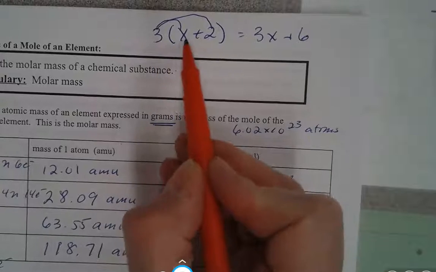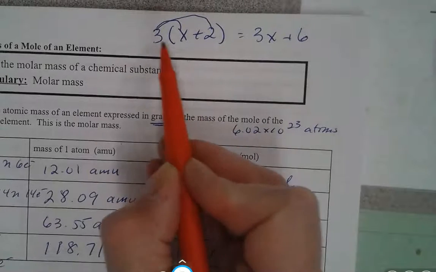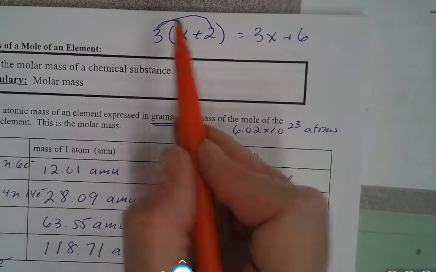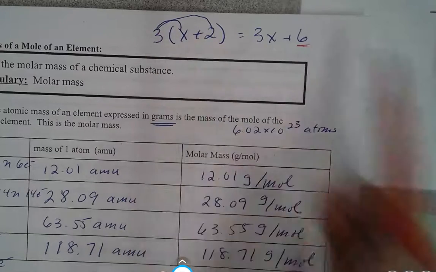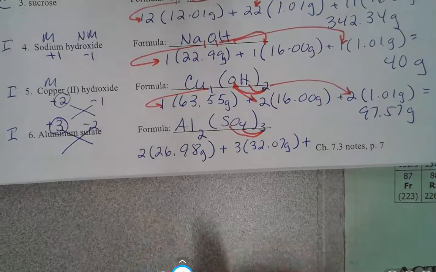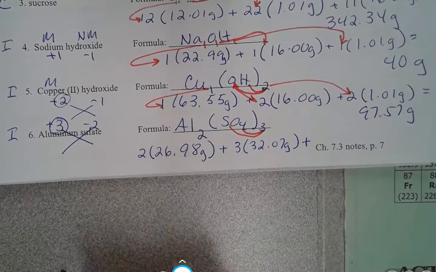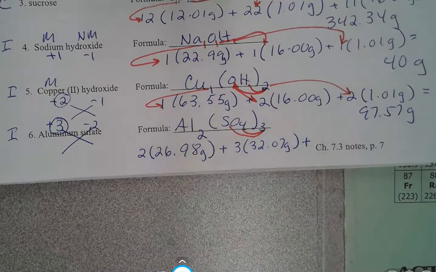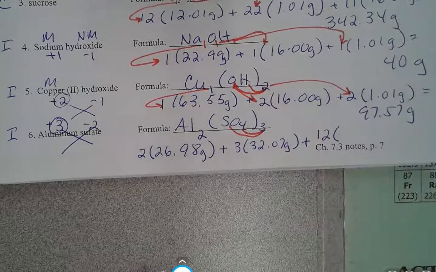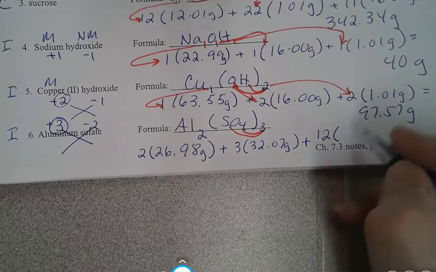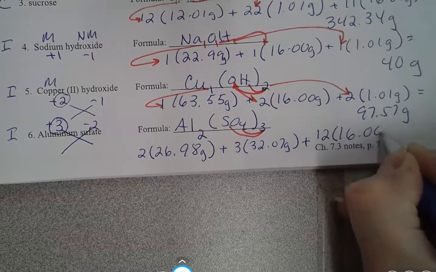Did I add the 3 and the 2, or did I multiply the 3 and 2? I multiplied, right? That's where that 6 came from. So what do I do with the 3 and the 4? Do I add the 3 and the 4, or do I multiply the 3 and the 4? Well, what do you think? Yeah, we're going to multiply. All right, so 12, isn't that what 3 times 4 is? Yeah, that's 12. And again, it's 16.0, isn't it?